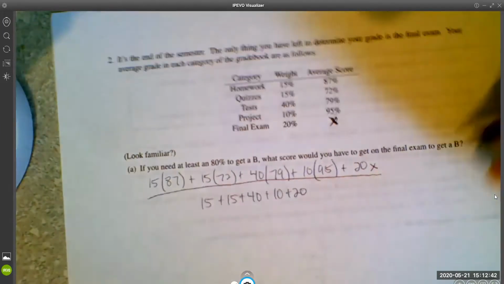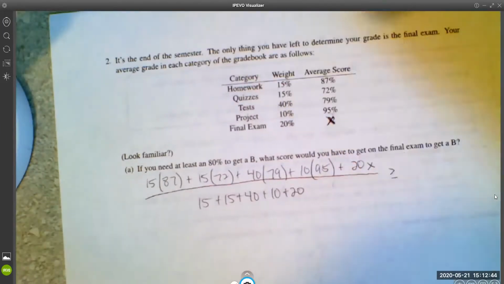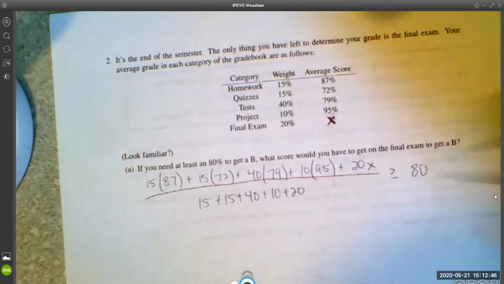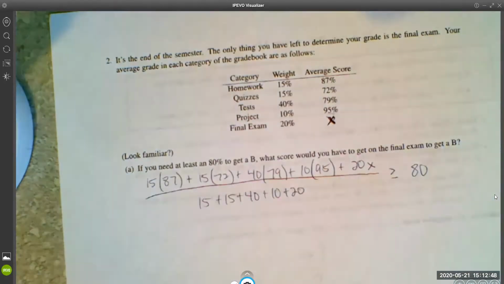And we're going to say, okay, so this has to be at least 80%. If you want a B in the class, you need to have at least 80%. And then solve this thing for X, okay? So let's see what we get.